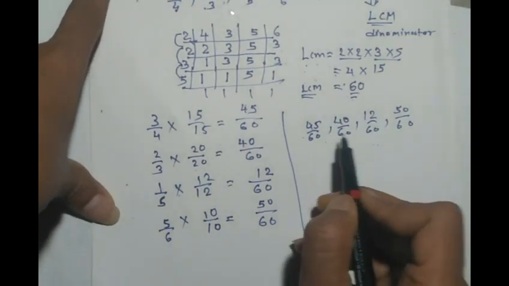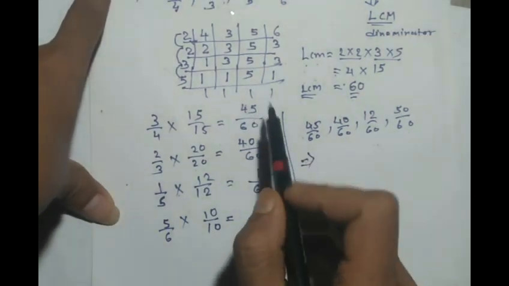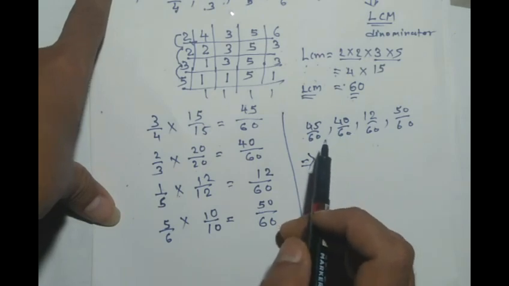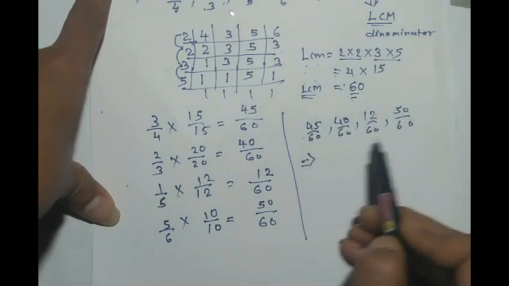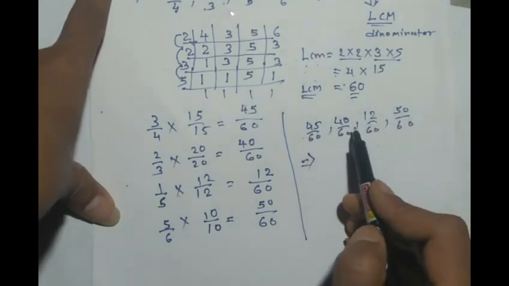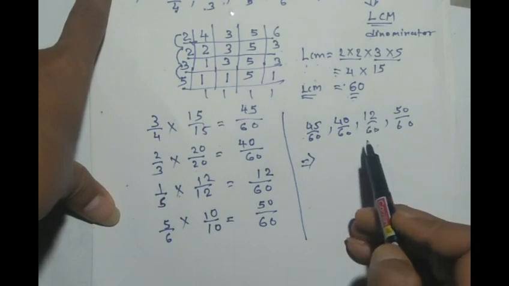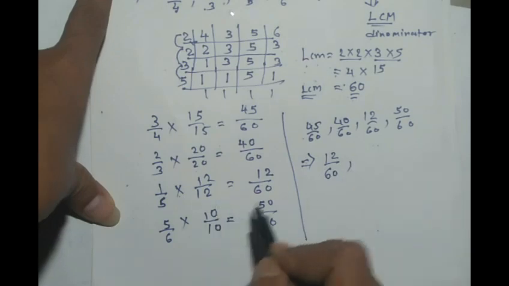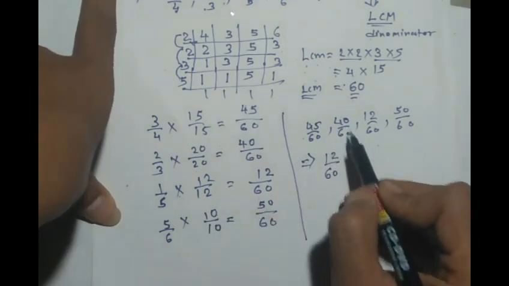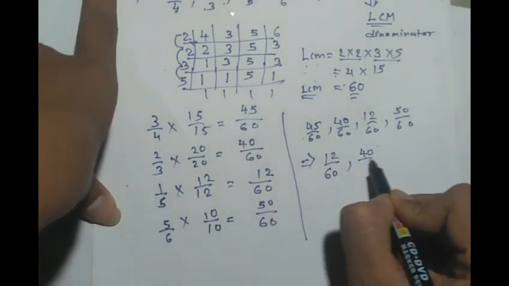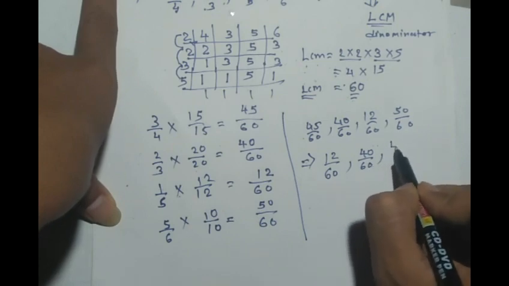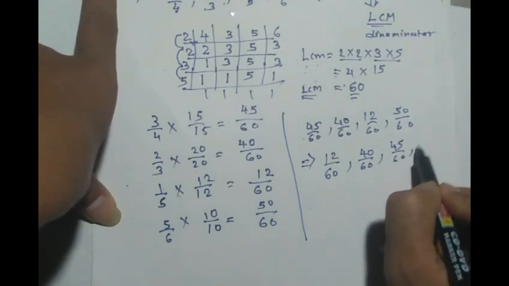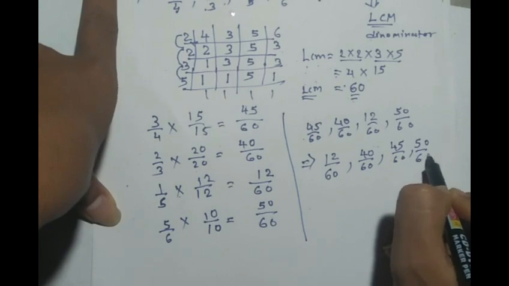Now as we are arranging in ascending order, from these fractions, which is the smallest fraction? You can see here 12 upon 60 is the smallest fraction. So we will write that first, and then 40 upon 60, and then 45 upon 60, and then 50 upon 60.